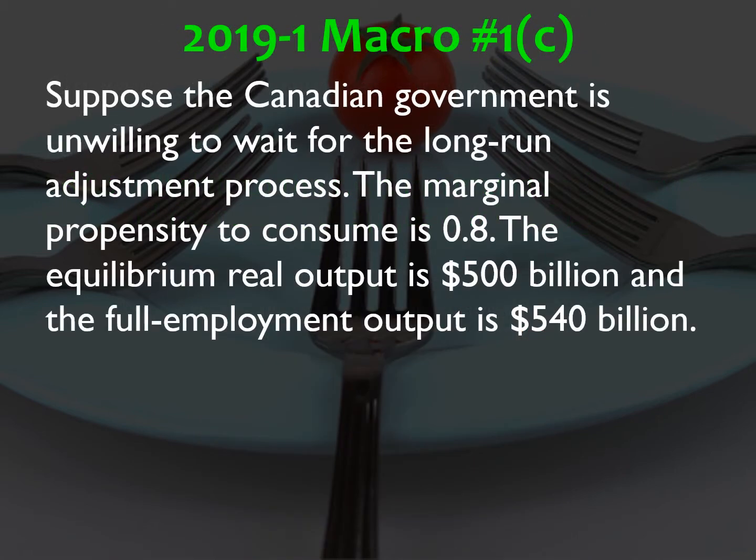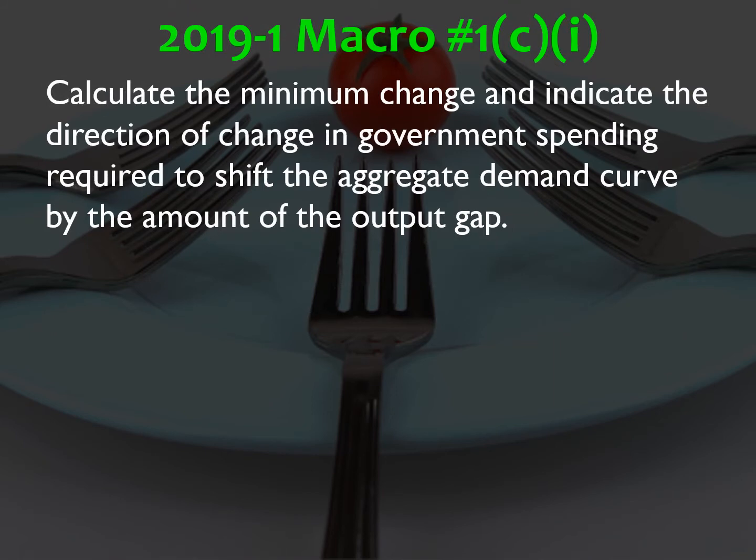C, suppose the Canadian government is unwilling to wait for the long-run adjustment process. The marginal propensity to consume is 0.8. The equilibrium real output is 500 billion, and the full employment output is 540 billion. Part C1, calculate the minimum change and indicate the direction of change in government spending required to shift the AD curve by the amount of the output gap.